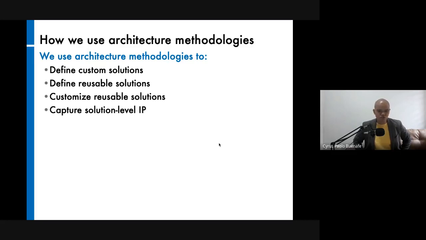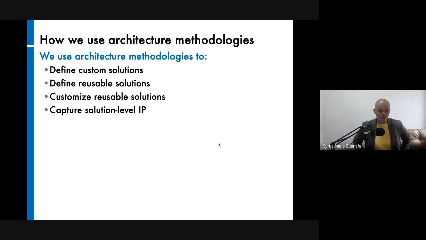So we use architecture methodologies to be able to come up with solutions that can be reused, and not only reused in the sense that it's like an afterthought, right? Like you can actually scale it up. You can market your solution and even commoditize your solutions, right? So reusability to an extreme can mean commoditization of your solutions.